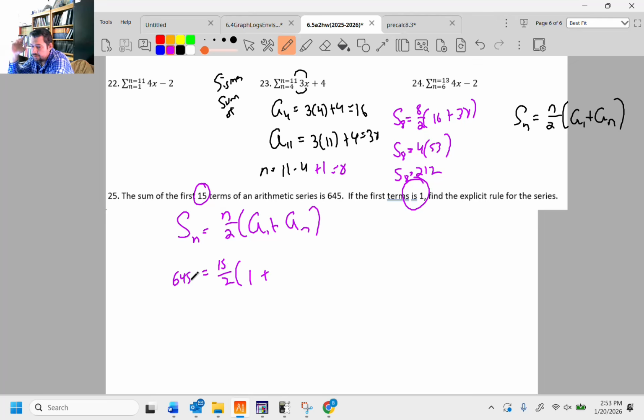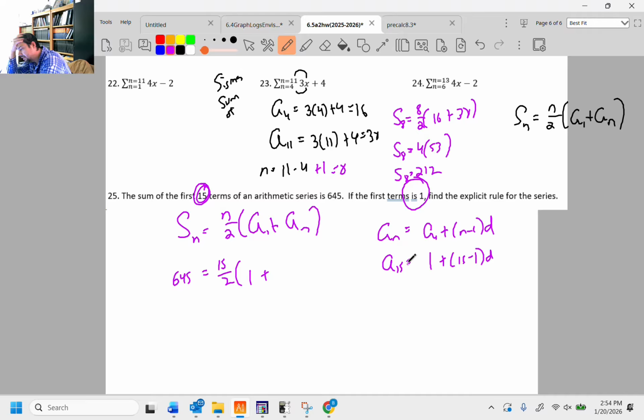Plus a sub n. Now what the deuce is a sub n? Well, a sub n is, watch, the first term plus n minus 1 times the difference. First term is 1. If I'm talking about n being 15, because it's the 15th term, it's 15 minus 1 times d.